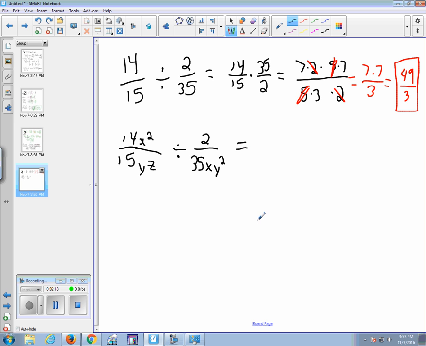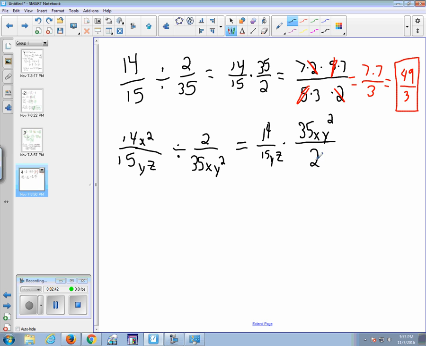Go ahead and see if you can finish that one on your own as a review problem. Right, just like before, we leave the first fraction the same. The second fraction gets flipped.